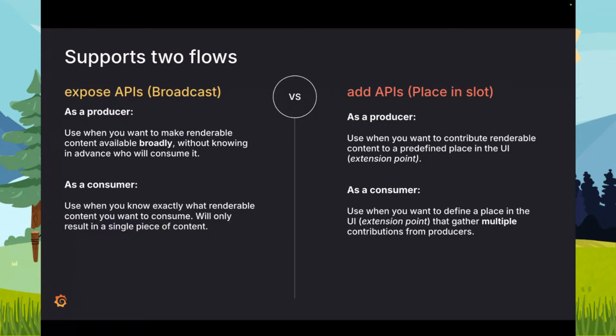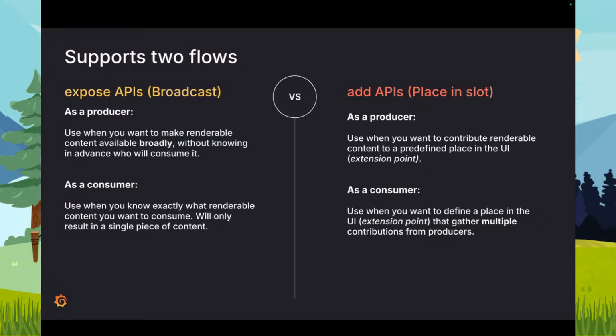You as a producer, so the plugin providing the renderable content, are basically just saying, hey, I have a component or I have a function or a flow. Anyone that's interested, you can use it. You just fetch it at this place. And I don't know beforehand who is going to use it. Anyone can use it. So basically just broadcasting that functionality out to everyone.